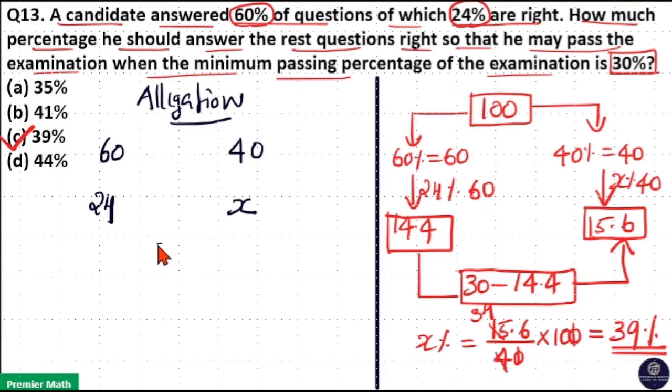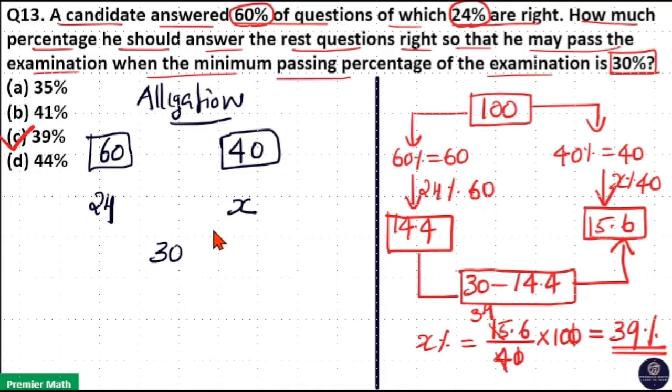So, passing mark is 30%. That is, this 24% of this 60 and X percentage of this 40 will be equal to 30. That is, this 24 and X together is 30. That is, passing mark is 30.